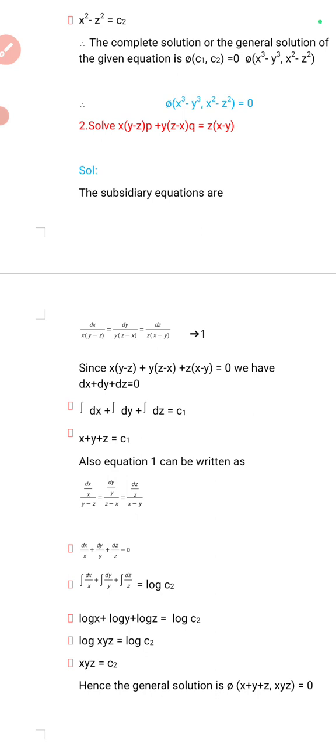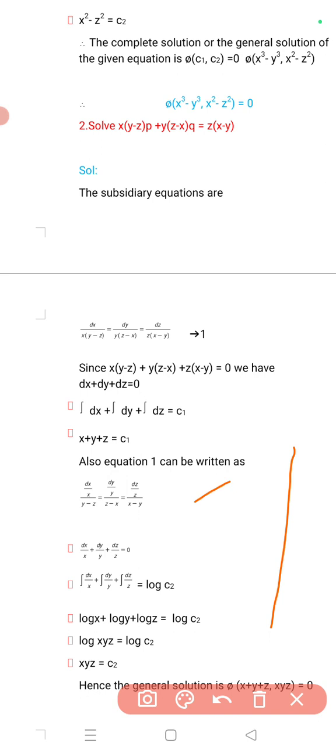I just drag x from the denominator and rearrange like this. In which way? Here it is shown, dx by x whole divided by y minus z equal to dy by y whole divided by z minus x equal to dz by z whole divided by x minus y.